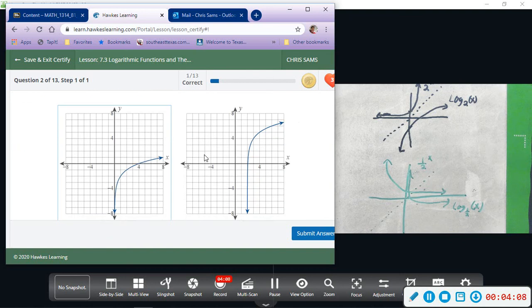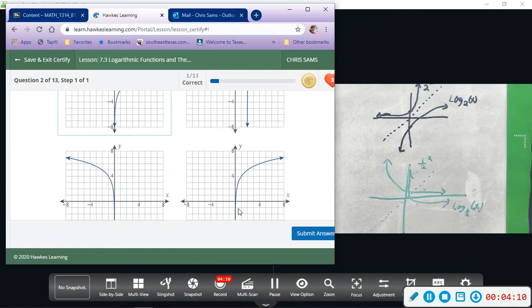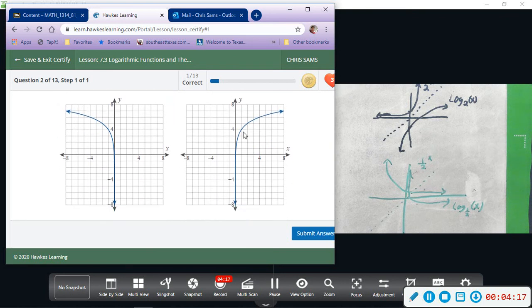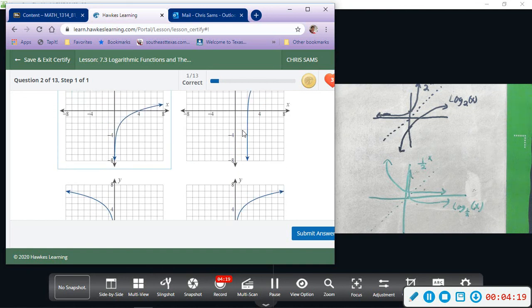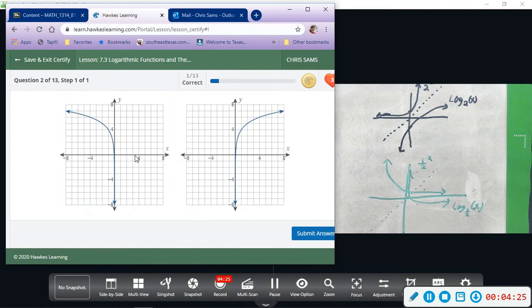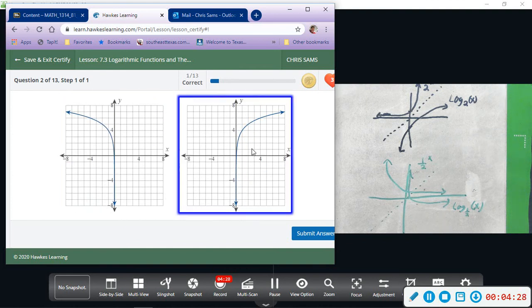No, just a vertical shift. So instead of going through (1, 0), we're going up 4. This one looks about right. I would think this one would go up to 5. There was no horizontal shift, so that should not be correct. So it looks like D is the one that's going to match. I'm getting shifted up 4 units.